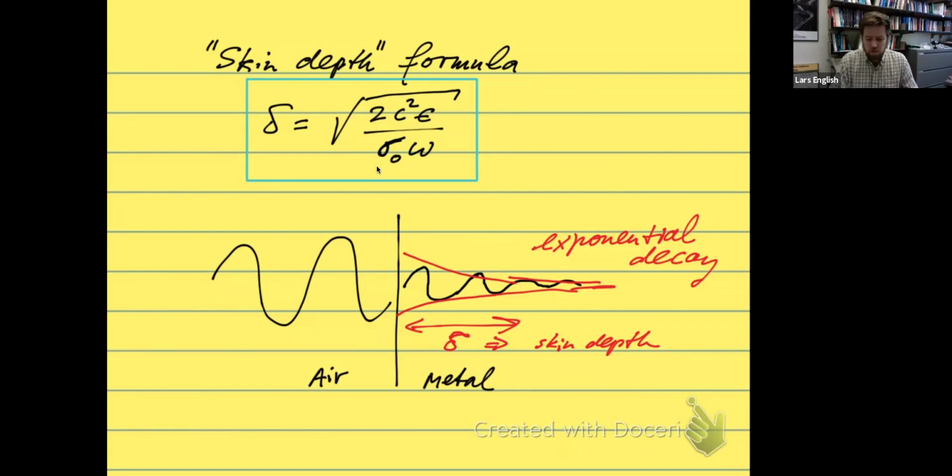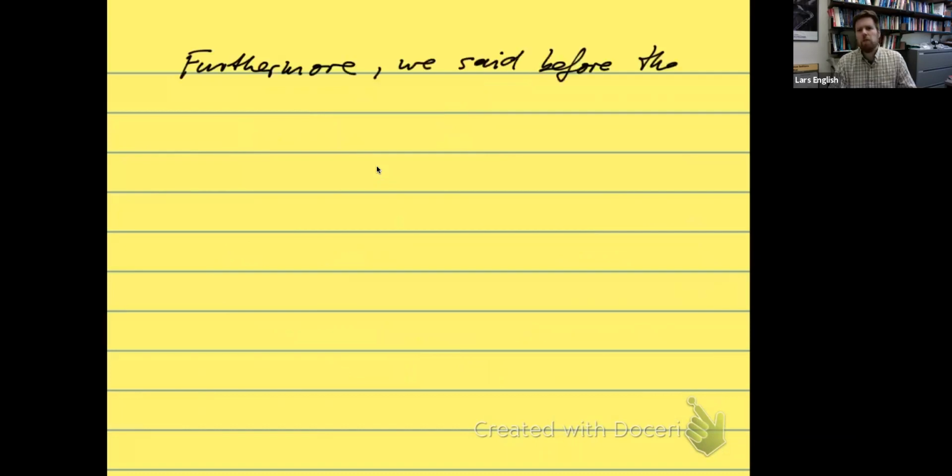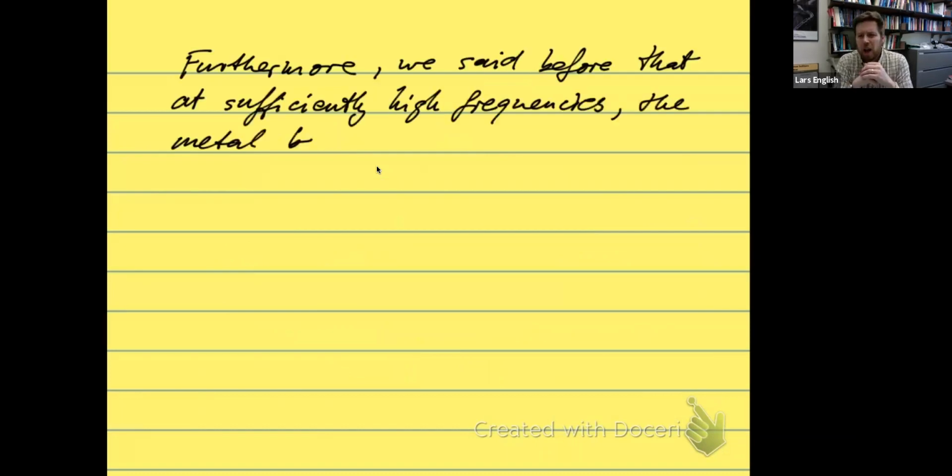All right, so now, before we said that at sufficiently high frequencies, the metal becomes transparent, and that the amplitude of the electromagnetic wave is therefore not attenuated. Okay, and so how could that be?